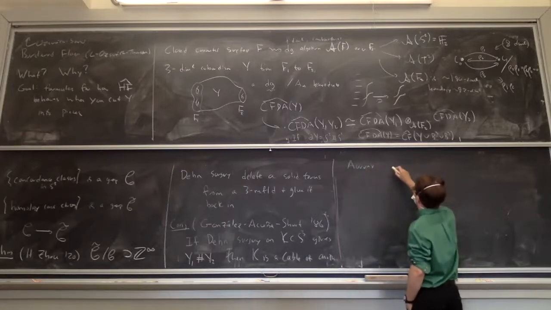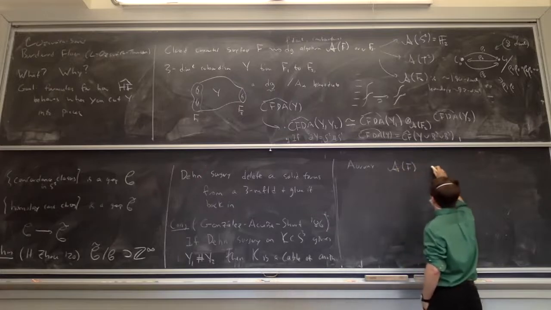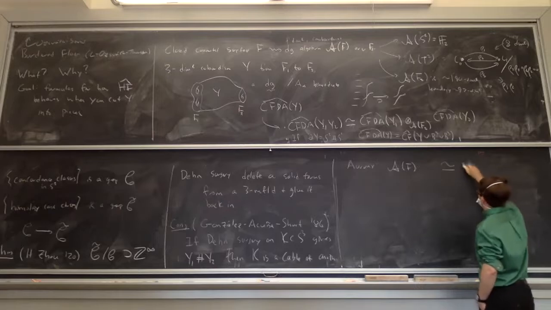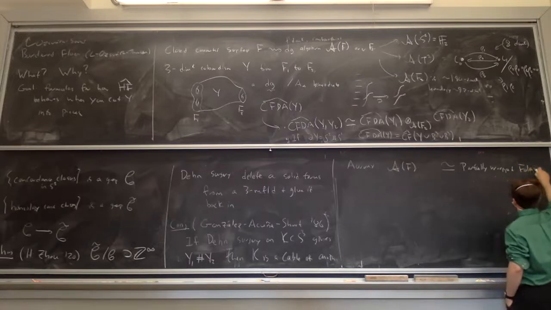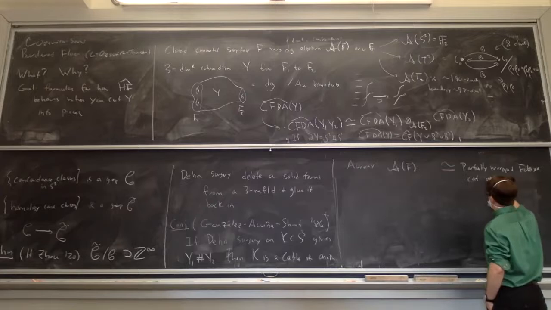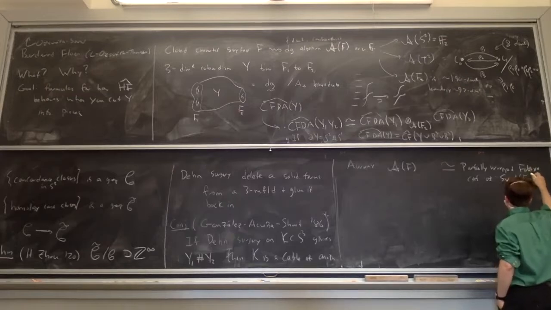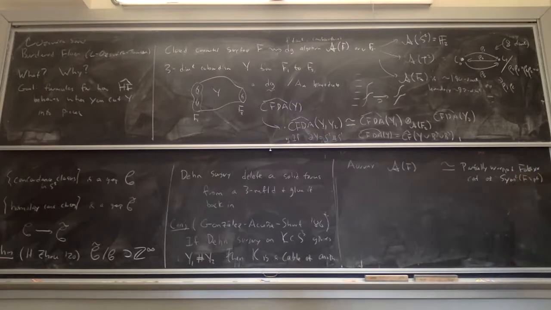Aru says that the algebra A of F is equivalent in some sense to a particular partially wrapped Fukaya category of Sym K of F. Let's say minus a point, since my F was closed.